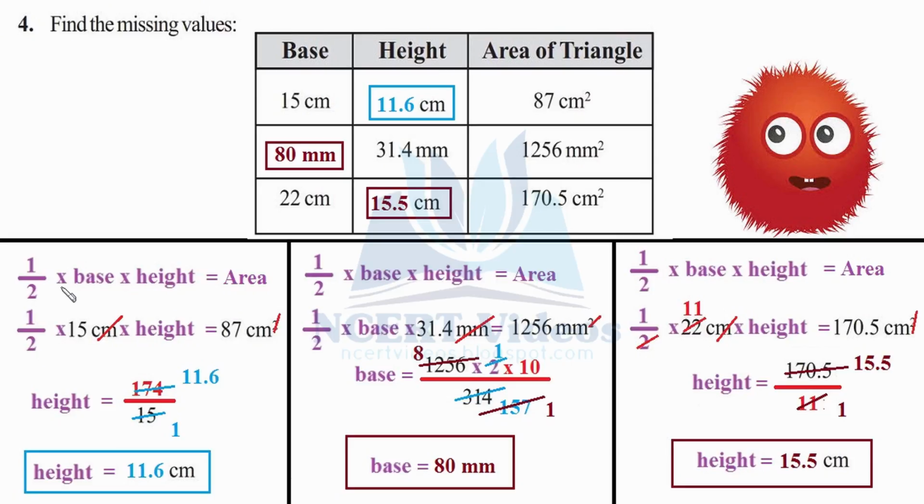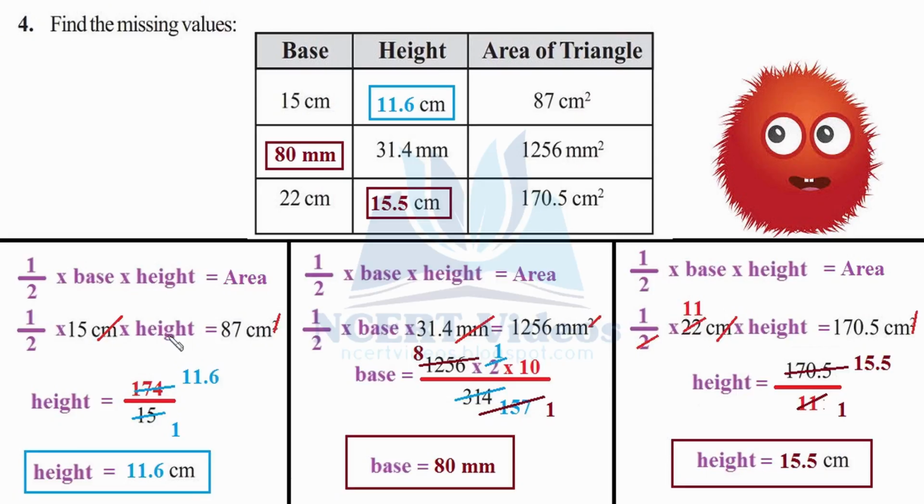Now just place the values which are given to you. Half into base, given 15 centimeter, into height, you have to find height, equals area, given 87 centimeters square. So 1 centimeter gets cancelled with this 1 centimeter. We can cancel it because it is an equal sign, and if we try to do it the long way, that is we will take it here as division, then it can be cancelled. So we try to eliminate that step and cancel in the equation itself.